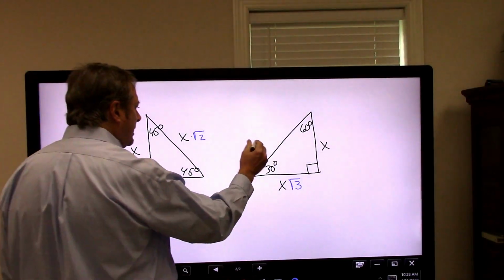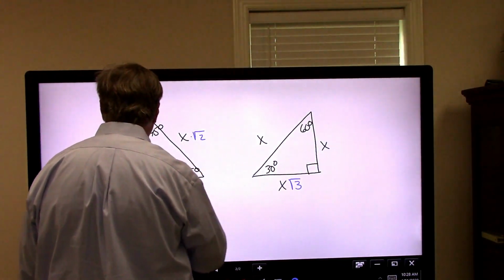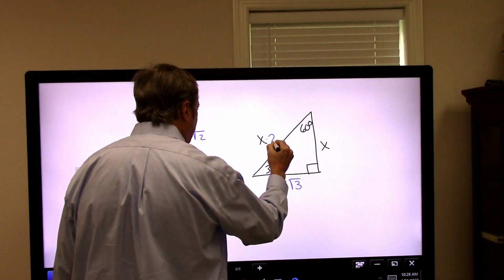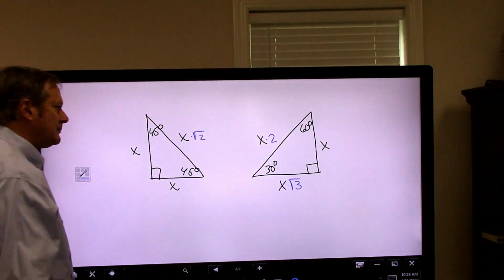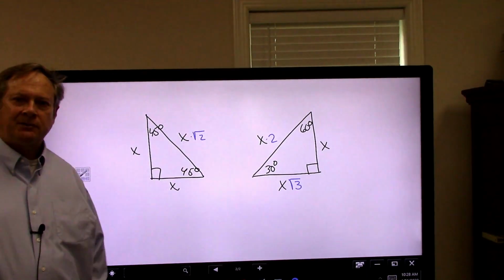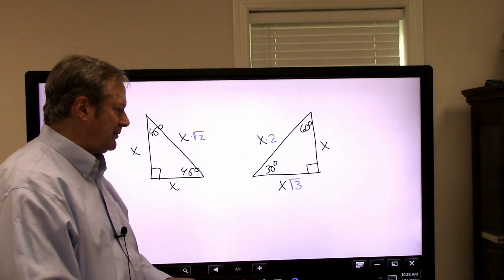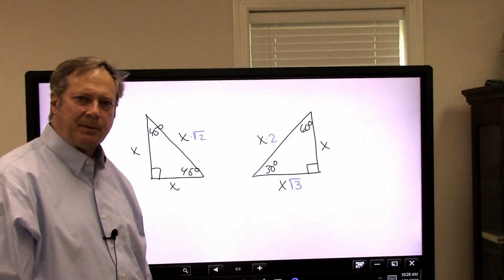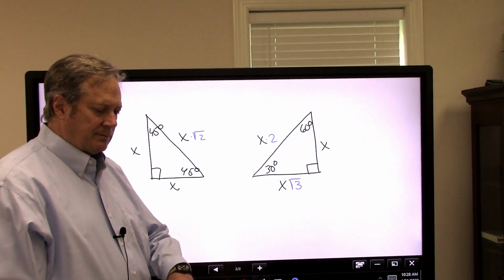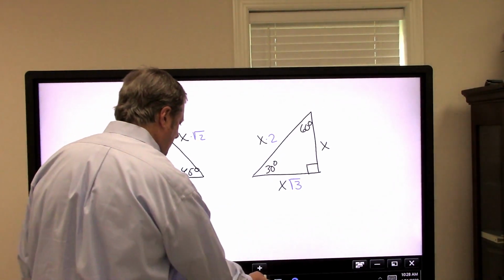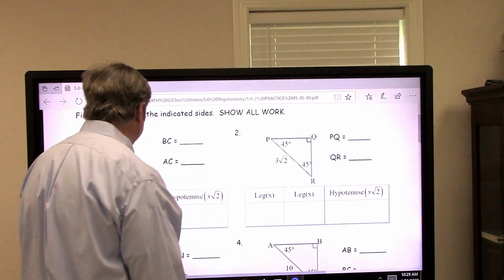And the hypotenuse is always going to be x times not the square root of 2, but in this case, the number 2. Now, those have to be committed to memory. I don't know a slick way to memorize them. You just write them down on blank paper until you figured out how to do it all. All right, so we may be coming back to that. Let's go back here.